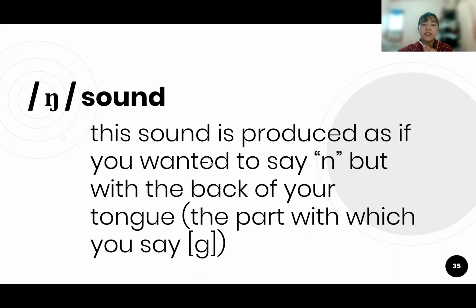This sound is produced as if you wanted to say n, but with the back of your tongue, the part with which you say g. So ng sound, kumbaga. So as I have said, in ginang, the ng sound there is written this way in IPA transcription. So it's like writing n, but then nag-curve ka, kumbaga.